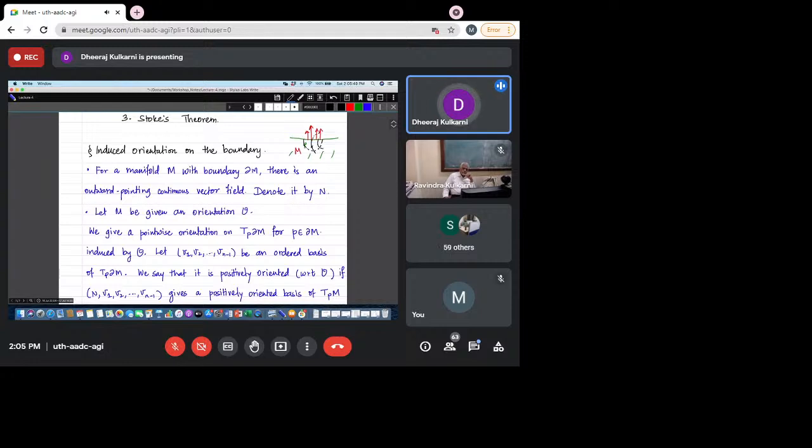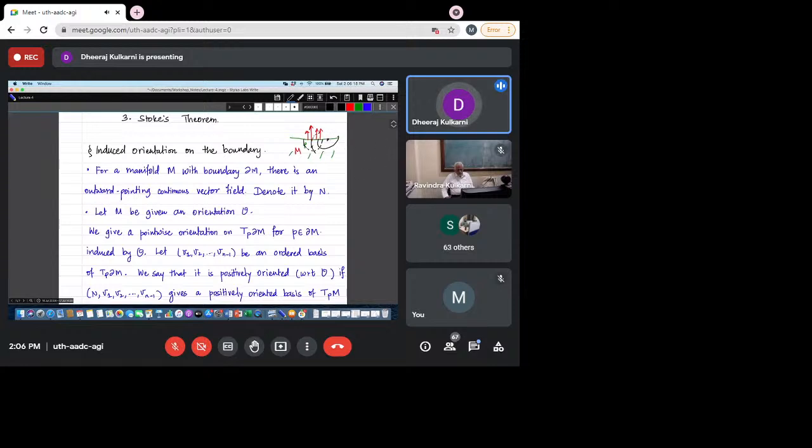If you have another chart, you extend this vector field across the boundary. So you do have an outward pointing continuous vector field, which is implicitly non-zero, because in order to have an outward pointing vector field, you have to have a non-zero vector field.